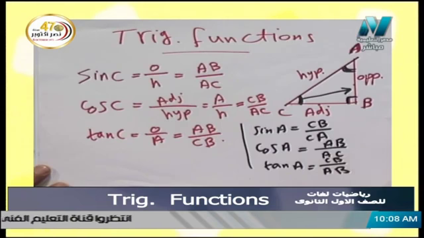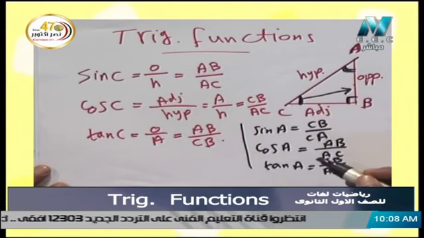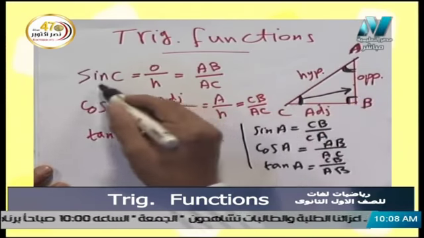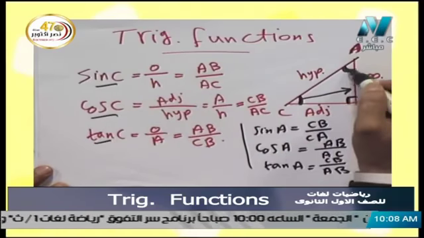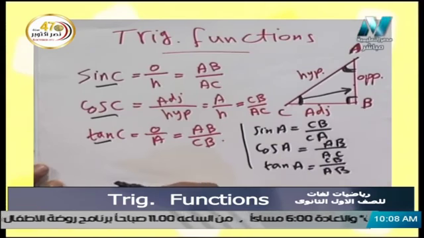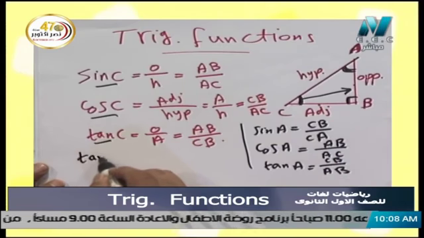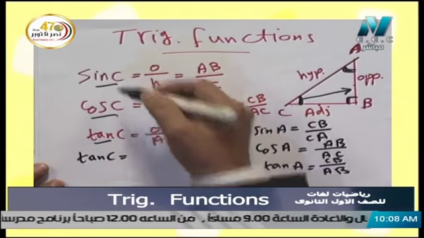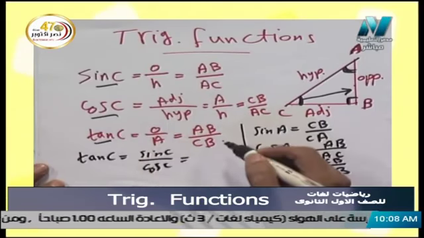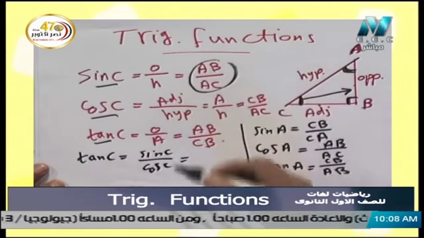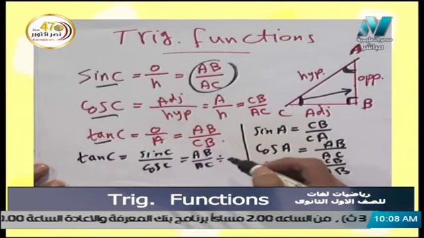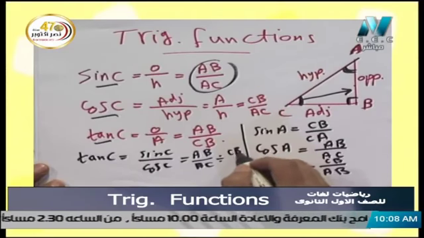So we can say that the trig we studied before in third preparatory: for angle C, we can say sine, cosine, and tan, and for angle A, we can say sine, cosine, and tan. And tan C equals sine C over cosine C. We can prove it. We have sine C, AB over AC, divided by cosine C, which is CB over AC.